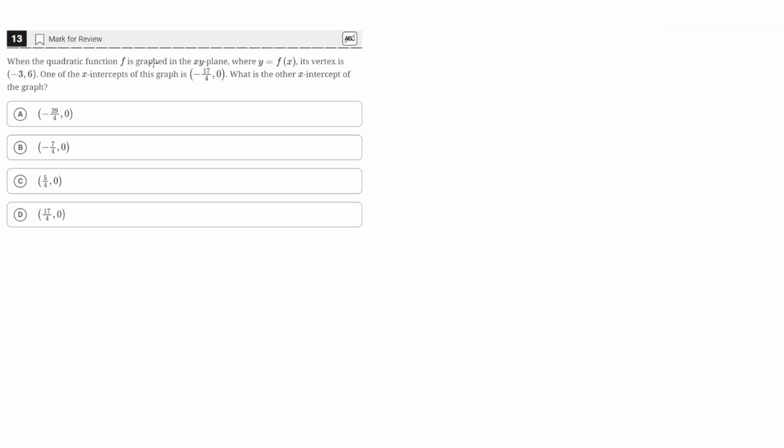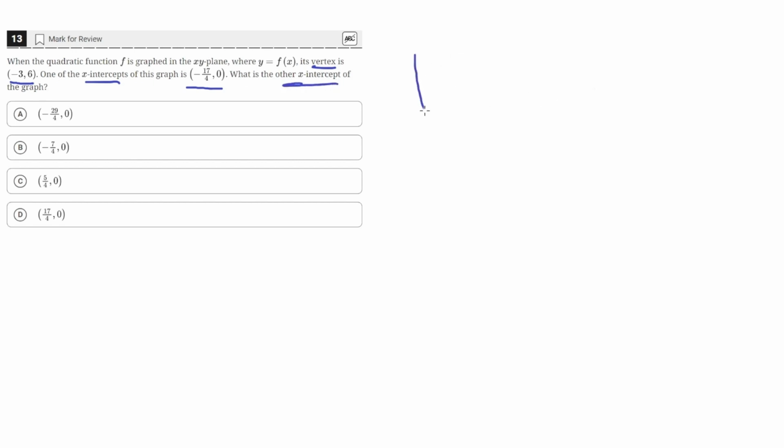When the quadratic function f is graphed in the xy plane, where y equals f of x, its vertex is -3, 6. One of the x-intercepts of this graph is -17/4, 0. What is the other x-intercept of the graph?